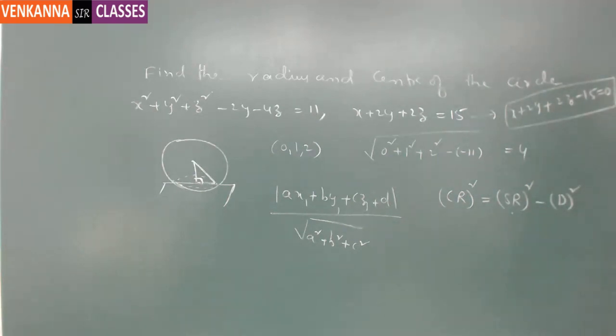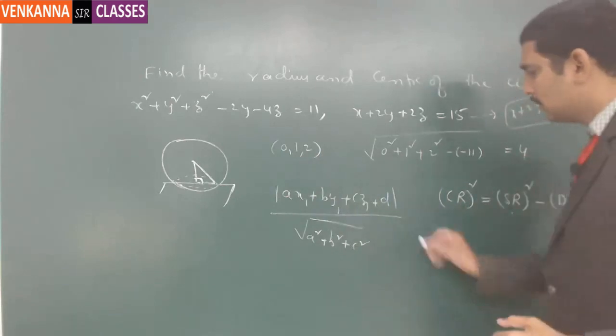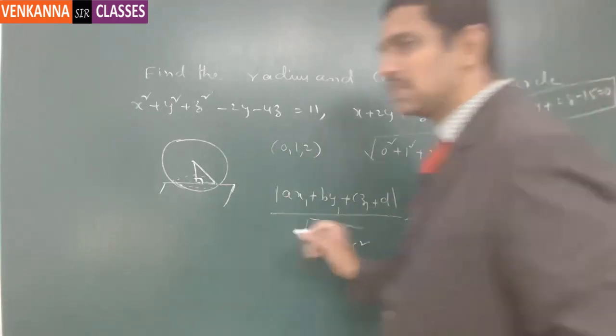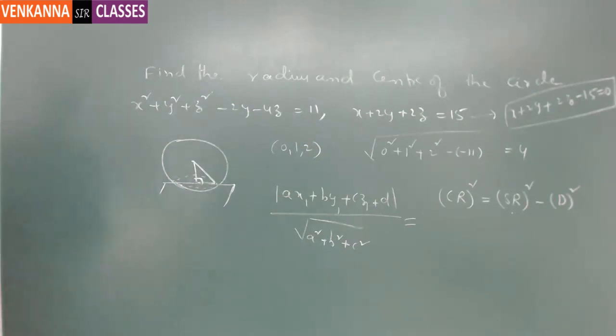So if you take the ABCD values, A is 1, B is 2, C is 2 and D is minus 15. X1, Y1, Z1 is nothing but 0, 1, 2. So could you tell me the distance value here? Three.